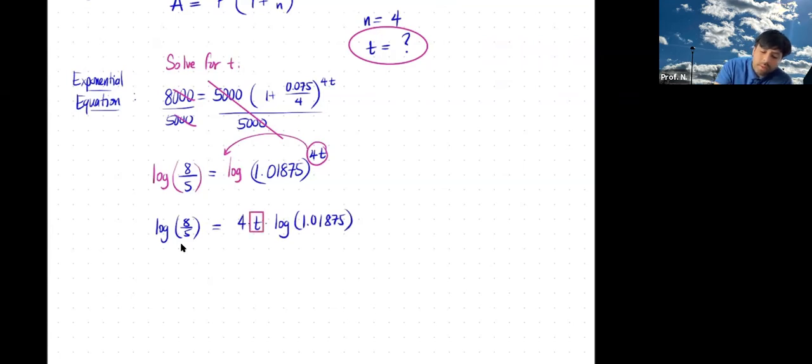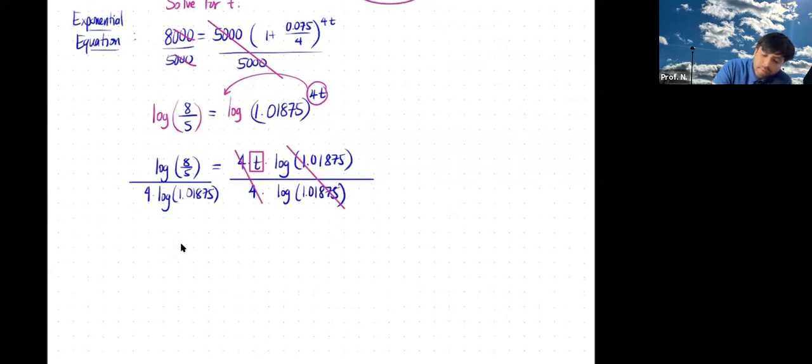I still want to get t though. I need to get t by itself. So what must I do? Divide by 4 times log of 1.01875, and divide that also on the other side: 4 times log of 1.01875. What happens here? The 4s cancel, boom. The logs cancel, boom.